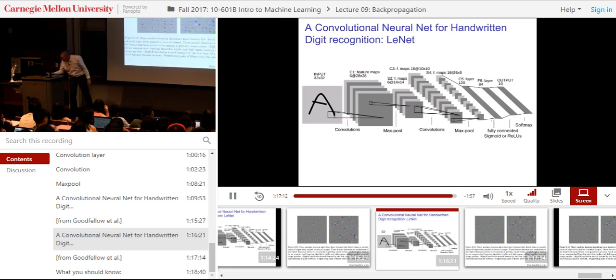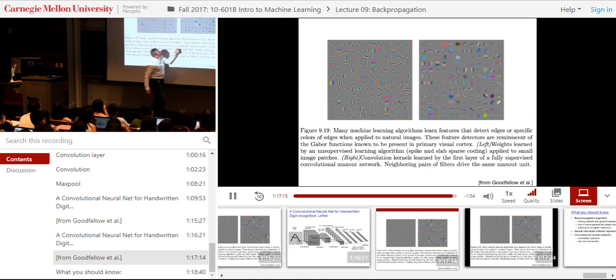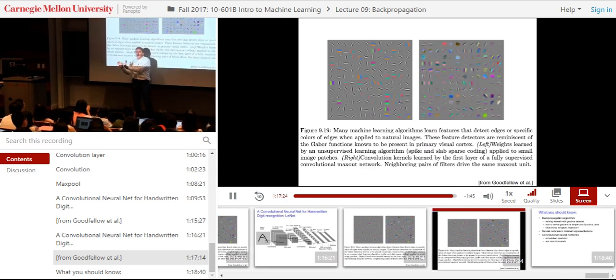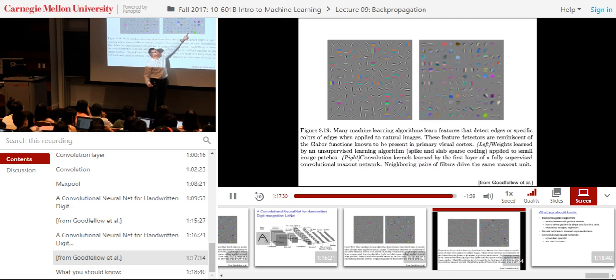And so now let's go back and look at that picture. What you see, for example, are neighboring ones. These are the learned kernels at the convolution layer that are nearby in the image. And the max pool is going to take the multiplication of this image times the subregion of the input image to get a value, and it's going to take this one too, and it's just going to take the maximum of those two values after it takes the product, right? It's going to do the multiplication of each of these kernels to nearby parts of the image, and then it's just going to take the maximum of them as its output.